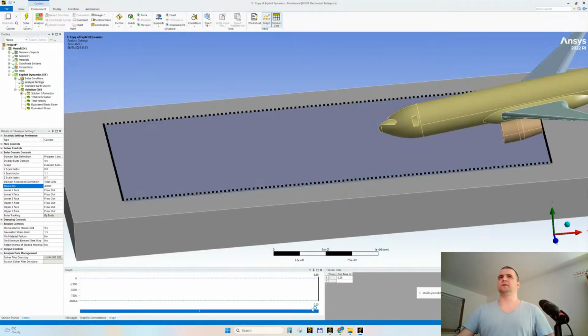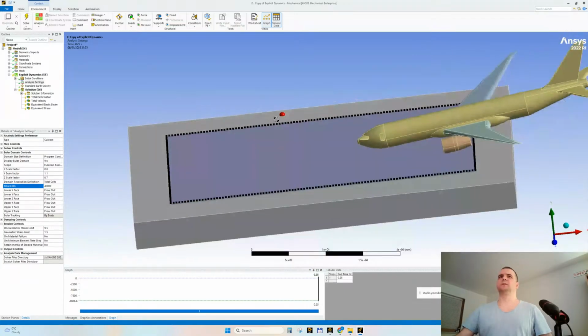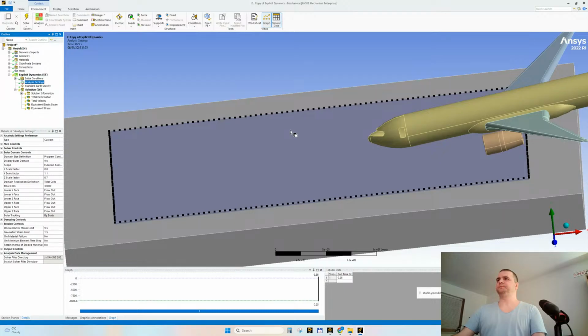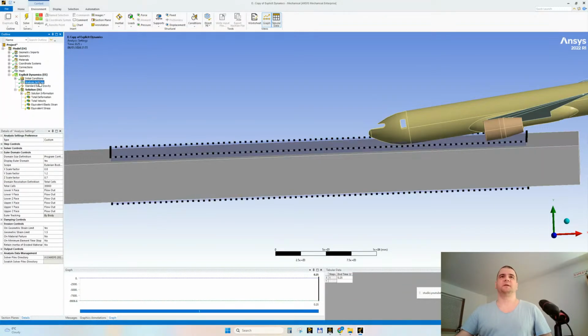Back to my simulation here. 40,000. Only the proper amount. Should I do this? 30,000. All right. Save and solve. Yeah, I wanted to increase here 1.2 to have bigger waves.